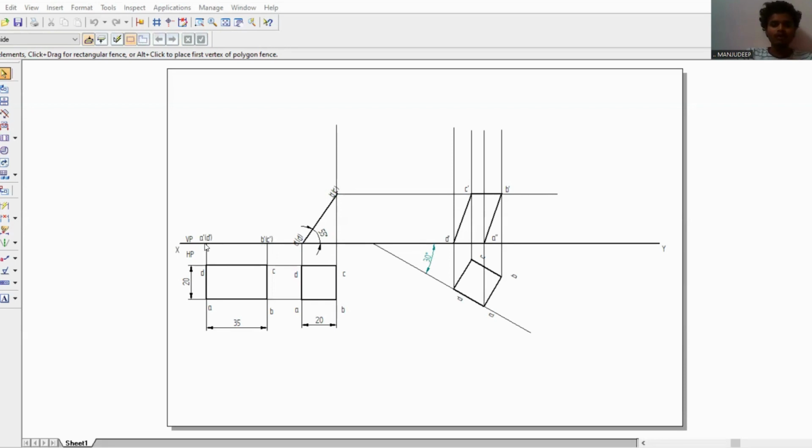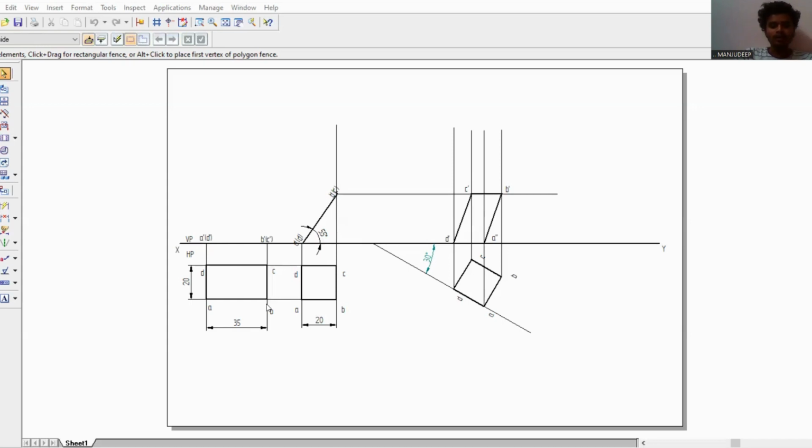Now after drawing this projection, highlight the lines A dash D dash and B dash C dash as shown. Take the dimensions of A dash B dash, A dash D dash and B dash C dash and copy them as shown here.